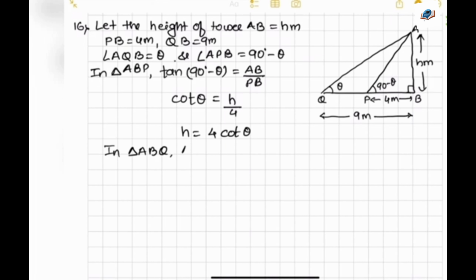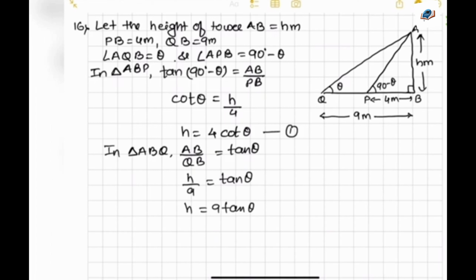Same way in triangle ABQ, AB upon QB equal to tan theta. So H upon 9 equal to tan theta. So H equal to 9 tan theta.